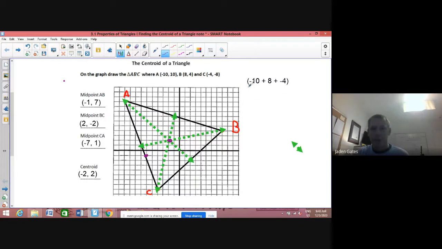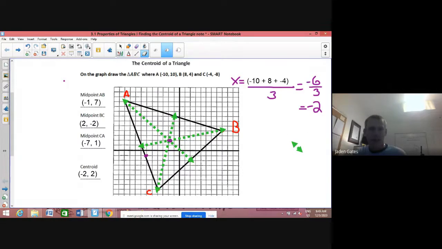So this is for the x-coordinate of the centroid. And let's see what we got. -10 plus 8 is -2, plus -4 is -6. We divide that by 3. We get -2. Check out our answer, -2. That's what we had.